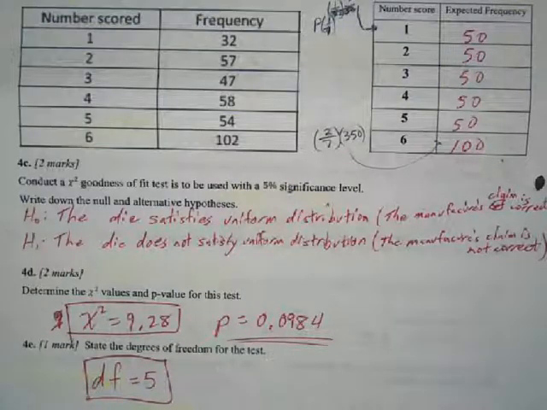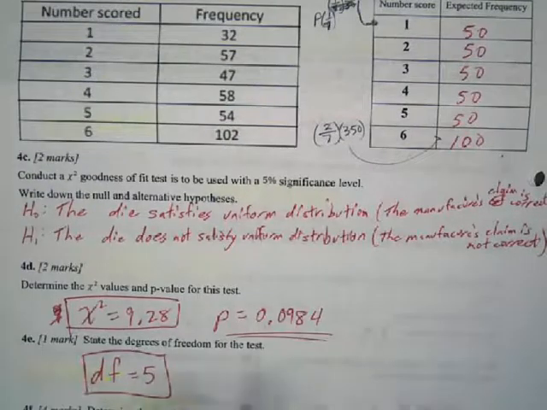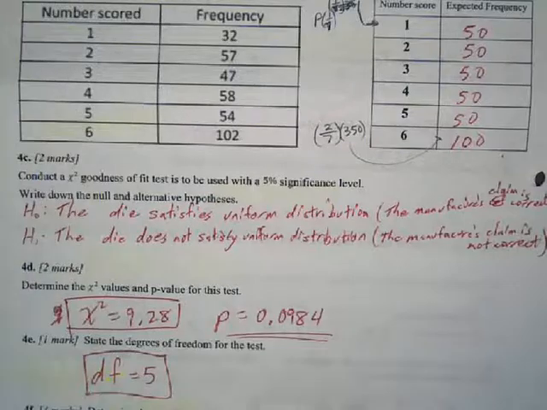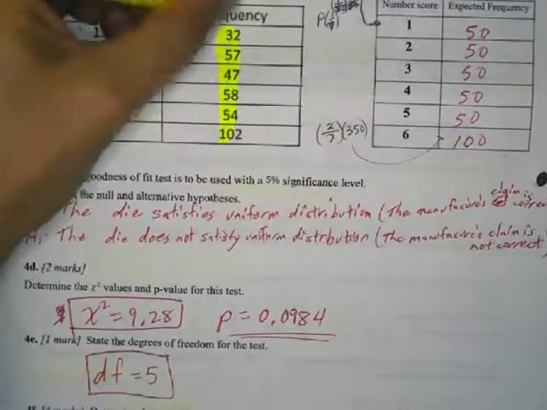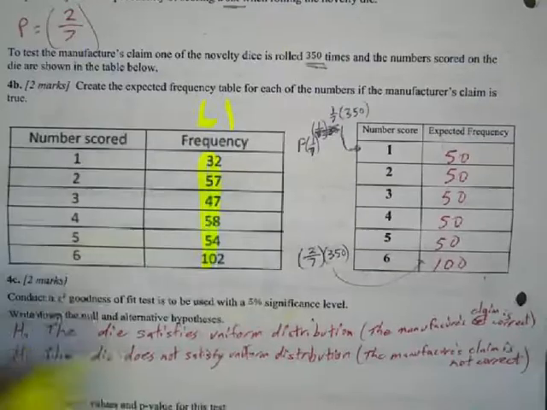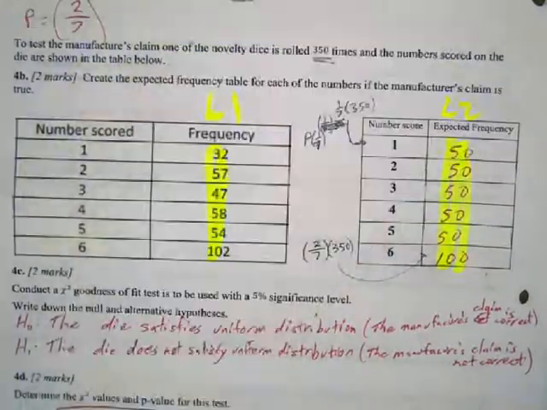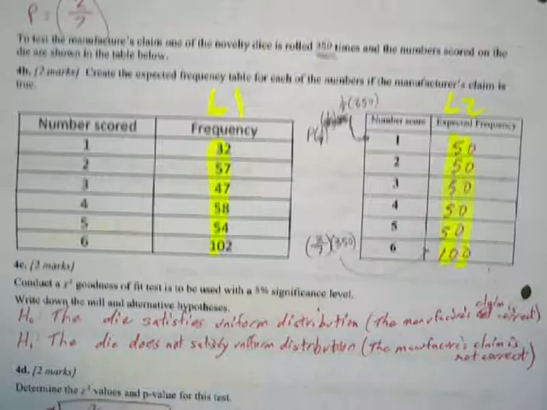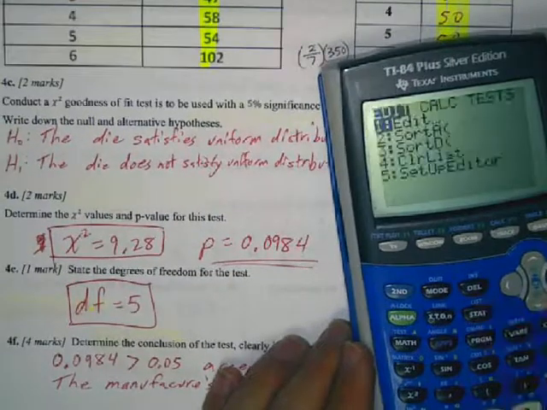Anyways, in my calculator, if I make this value L1, and if I make these values L2, then I will use that information to help me get my chi-squared and my p-value. So let's do that. Stat, enter.